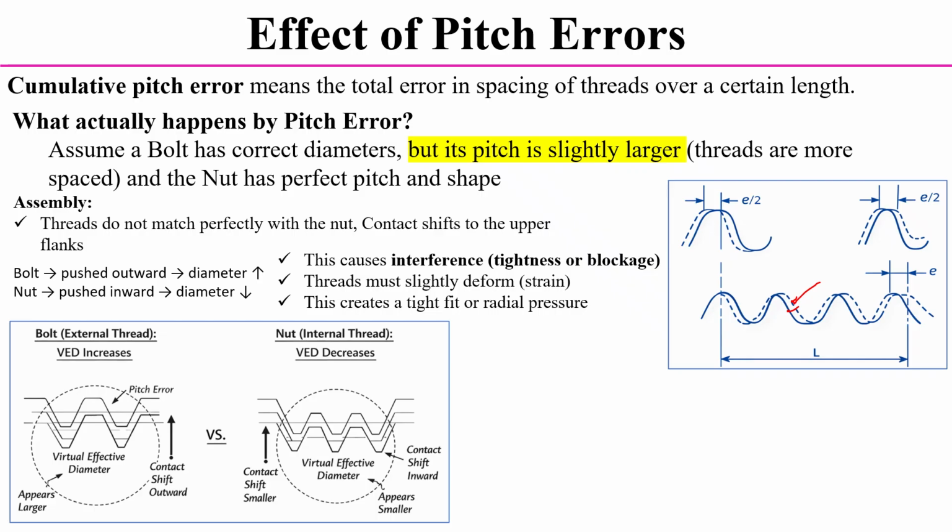Due to this interference, threads must be slightly deformed, or strain will take place. This creates a tight fit, or radial pressure.